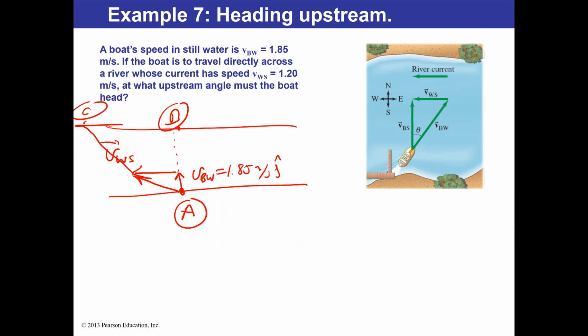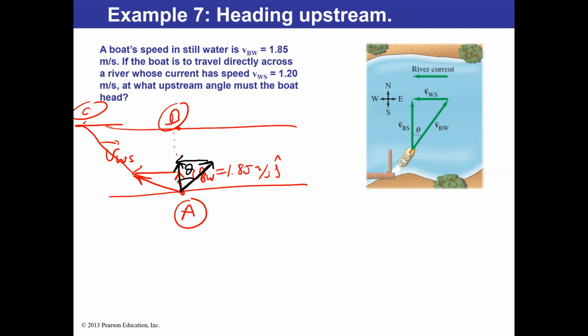So instead, we're going to have the boat move at some angle, theta, with respect to that straight line from A to B. Then even if there's a current making it move toward the left, the boat itself will technically move in a straight line from A to B. And that's what we want to know: what should theta be with respect to the normal, the straight line, so that the boat moves relative to water, the current's effect is neutralized, and it goes from A to B directly?